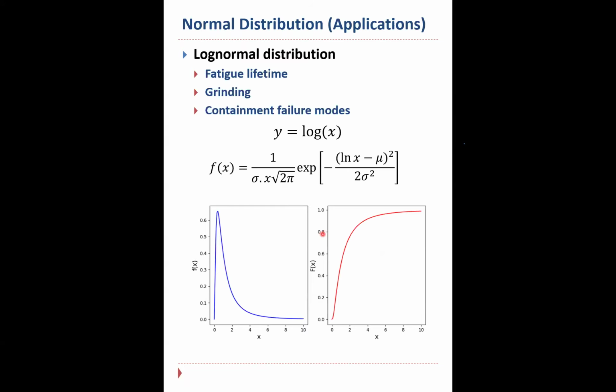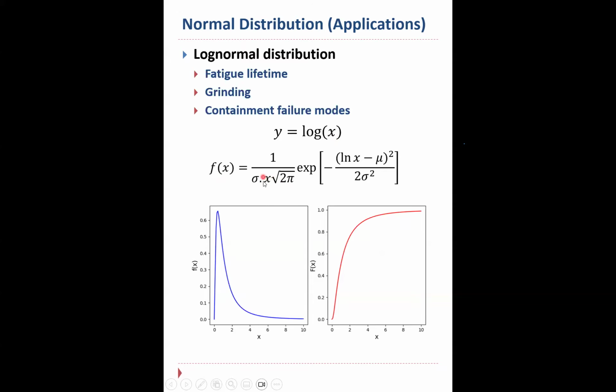So a log normal distribution is a useful one where the log of the x variable is normally distributed. Then we say x is log normally distributed. The log normal distribution's probability density function is similar to the normal distribution.